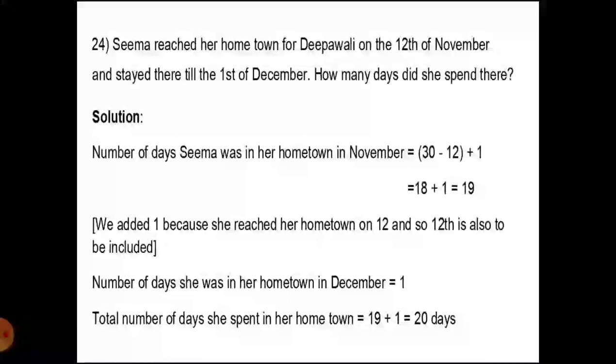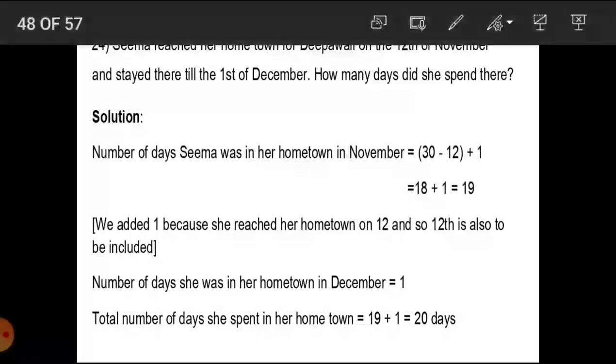How many days did she spend there? Now you will see over here that she reached on 12th of November and she stayed till 1st of December. That means on 1st of December also she was there in the hometown itself.